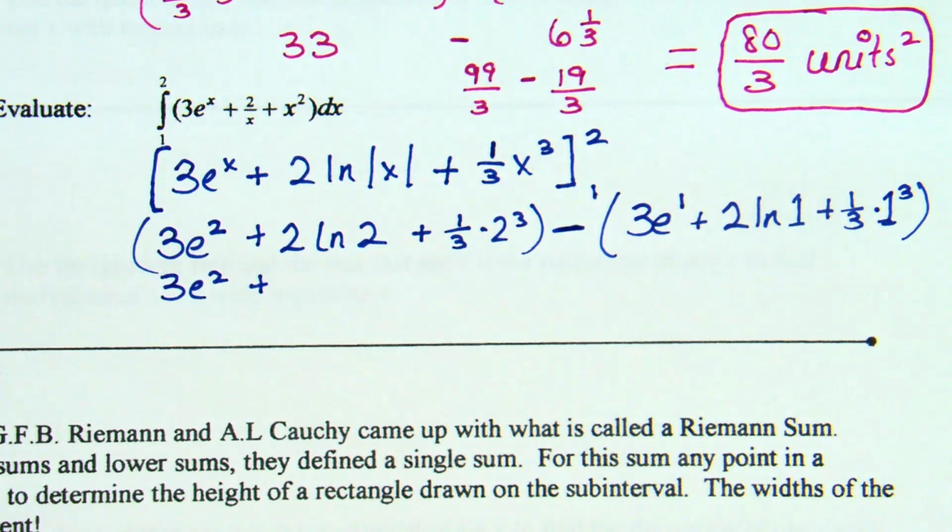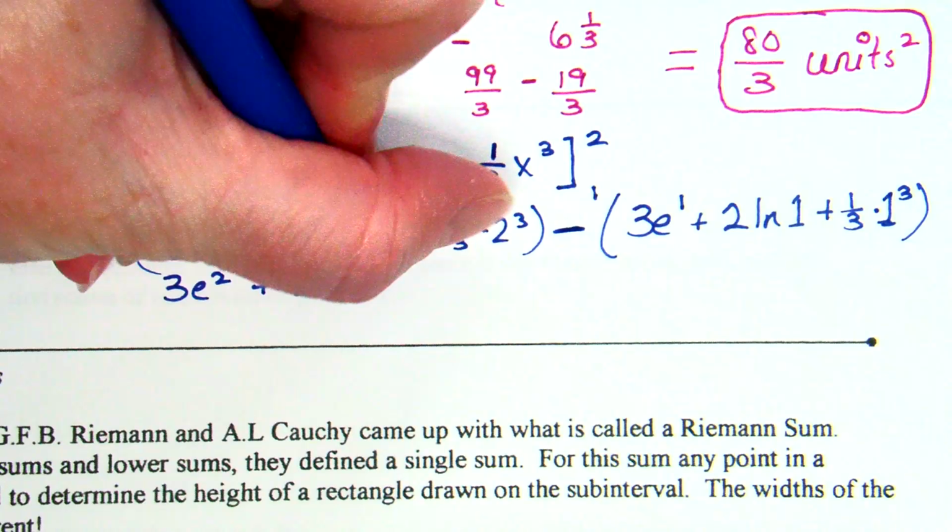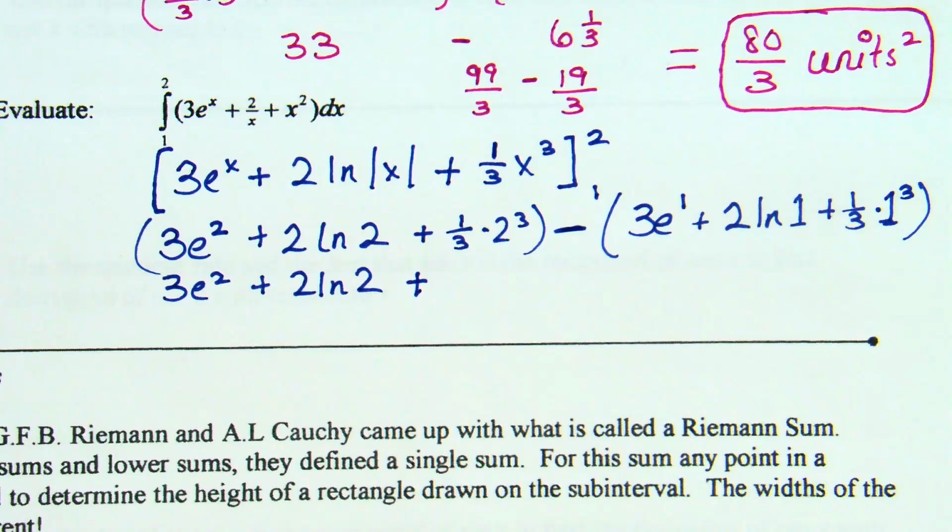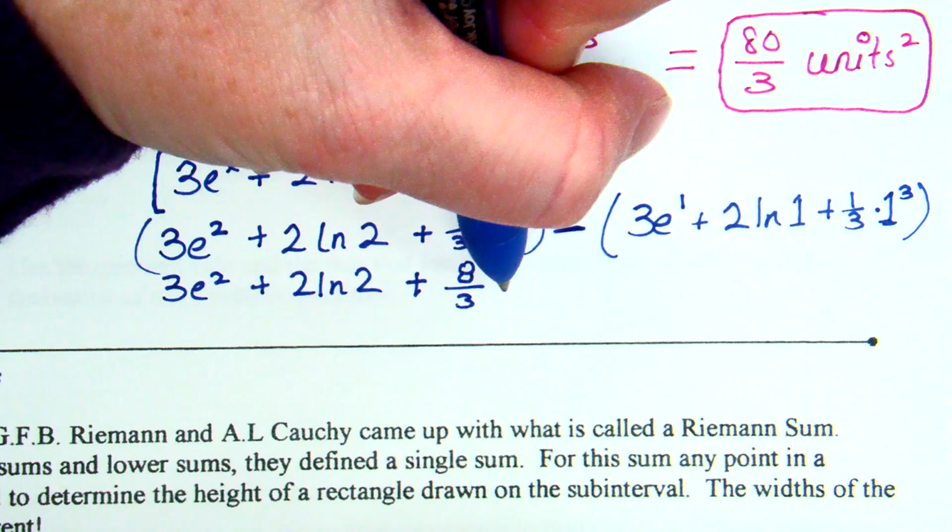I don't necessarily know which is more simplified. It just kind of depends. I'm going to leave it as 2 natural log of 2 here. Plus, what's 1/3 times 2 to the third? Not 4/3. 8/3.